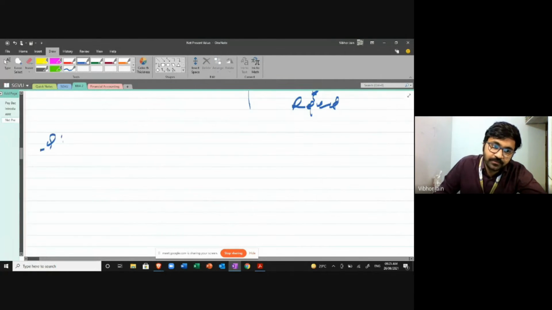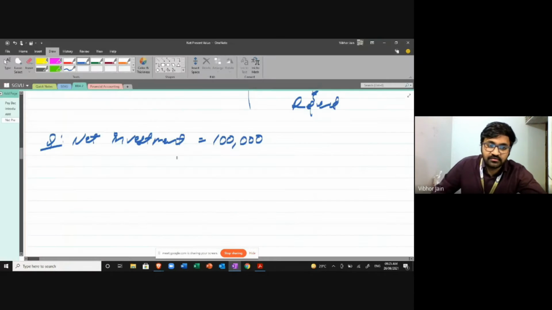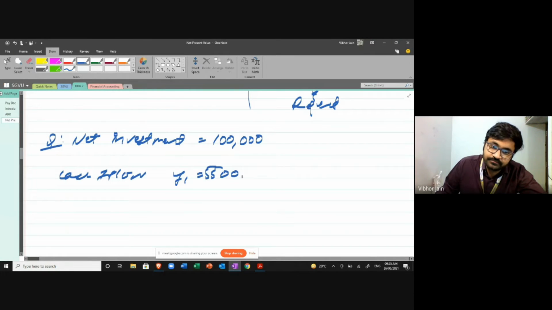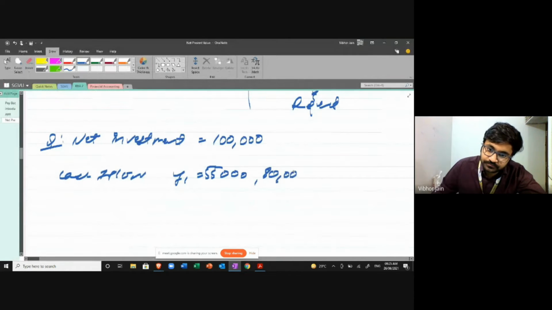The net cash flows are: year 1, 55,000; year 2, 80,000; year 3, 15,000.